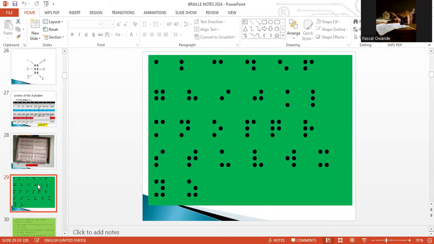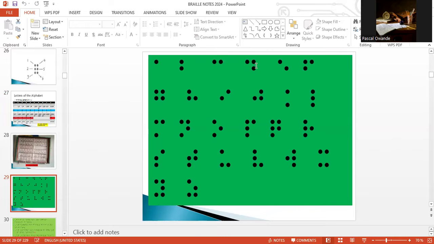Yes. The first one is letter A. Why? Because it is just dot 1, and when you look at the positioning, this is dot 1. The second one is letter B, dot 1, dot 2. Good. The third one is letter C, dot 1, dot 4.